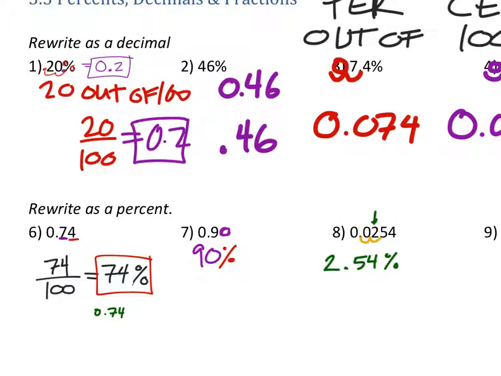It doesn't matter if the percent has a decimal, it's always going to move 2 times to the left. The decimals already have decimals, so we have to know that it's not a percent to move it 2 times to the right. Or again, it's just like we're taking this value and dividing it by 100.